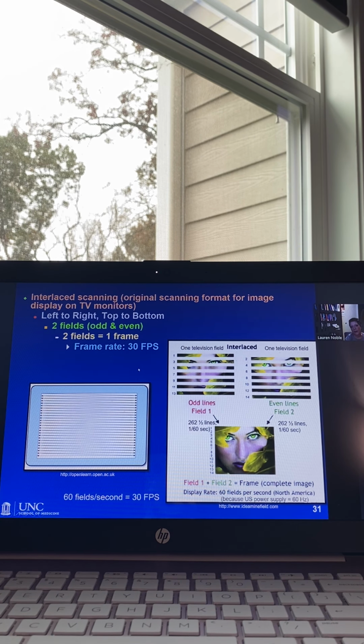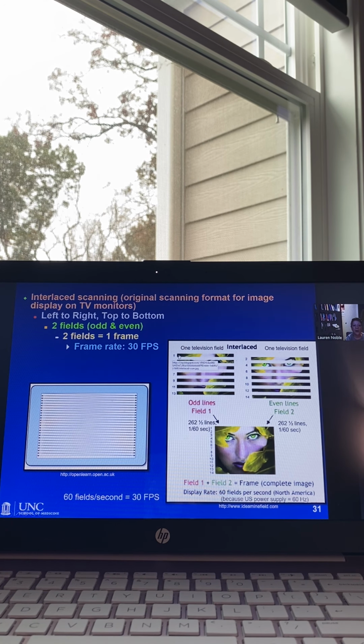Interlaced scanning means that the image is created in 2 parts. So when the electrons leave the CCD and are sent to the TV monitor, this is how it displays those electrons and converts them into the image.